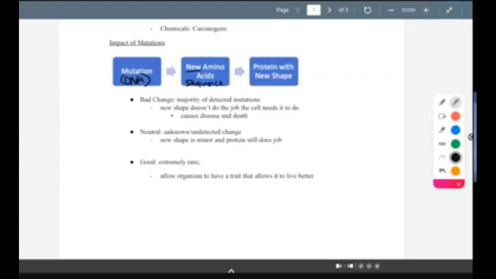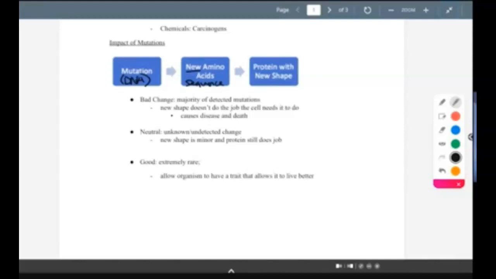So mutated DNA is going to change the order of the amino acids. When we go to use our code chart, maybe we're supposed to get met val ser, and we end up getting met val val. Or maybe because of the mutation, we don't get any protein at all. So all those are possibilities.